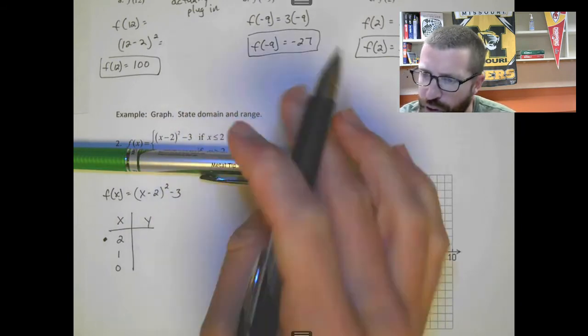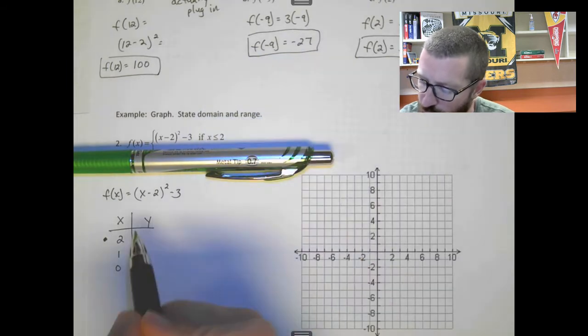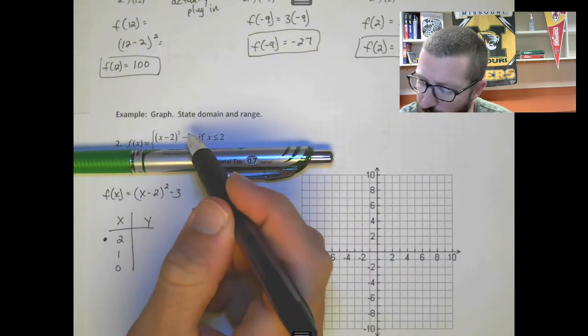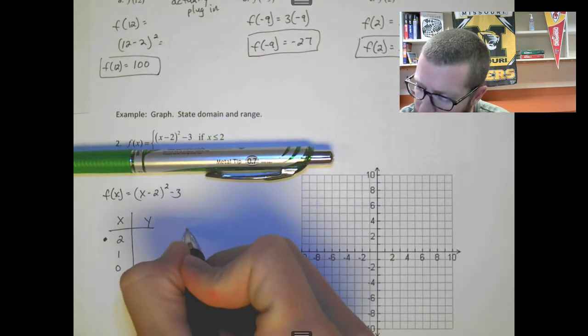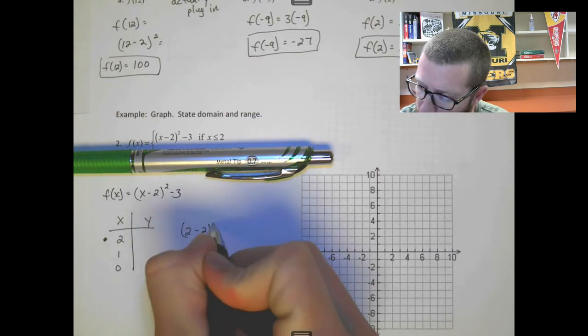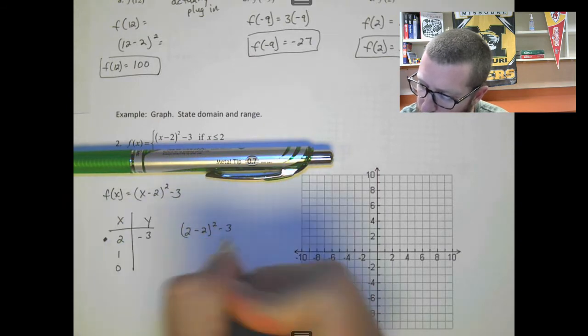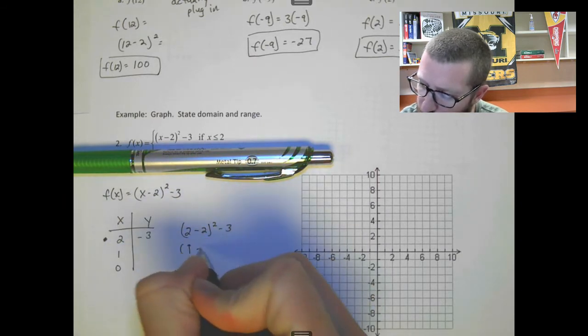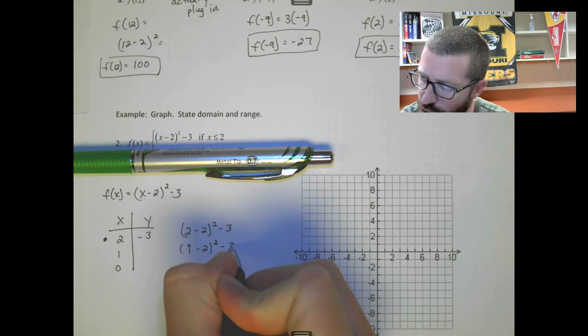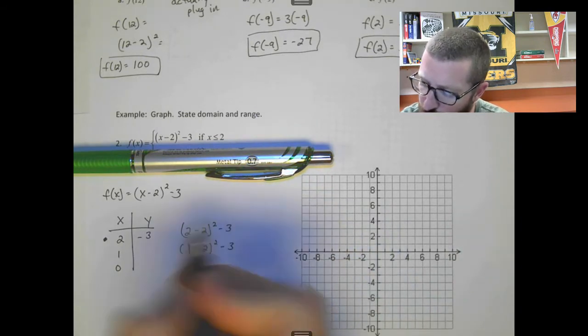And plug those in. When I plug in 2, I get 0 squared minus 3. Maybe we should write that out: 2 minus 2 squared minus 3. So that would be -3. When I plug in 1, I get 1 minus 2 squared minus 3. So that'd be negative 1 squared minus 3, which is negative 2.